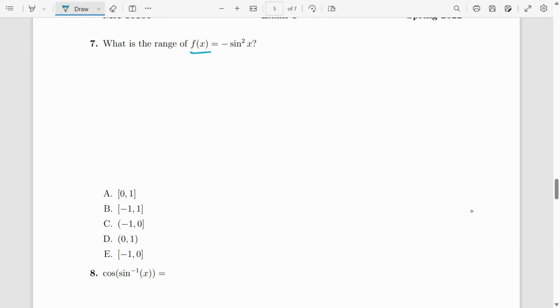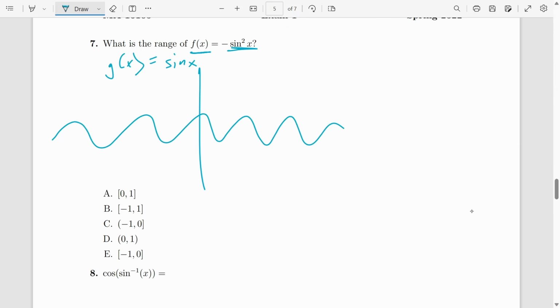So let's see an example here. Looks like this is a sine function. So let's imagine a simpler case where you have g of x equals sine of x, no squared or negative or anything. You know that sine is a wavy, it's a sine wave. It peaks at 1 and the valley is at -1.